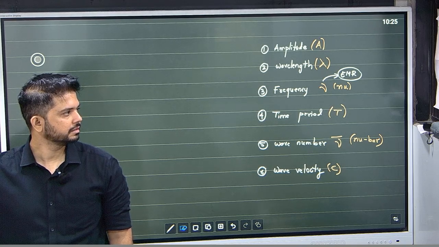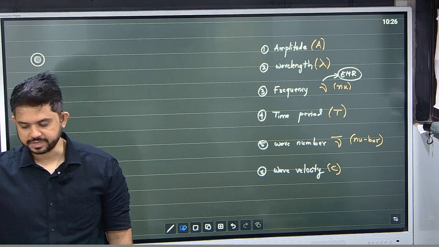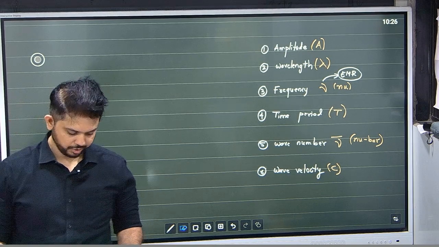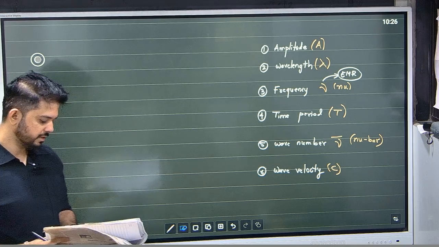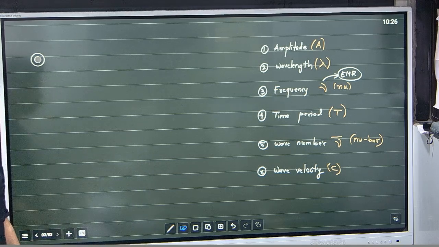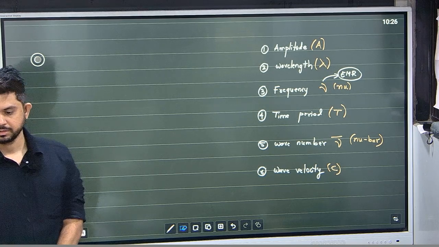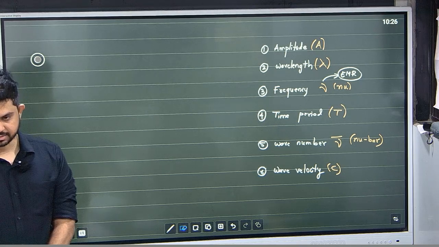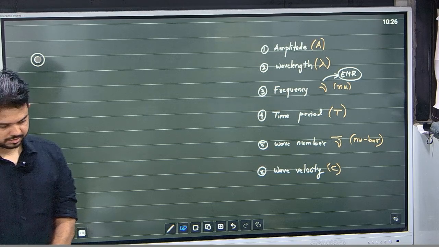Second, so what's the second atomic term, people? Wavelength. How do you define wavelength? It is the distance between two nearest crests or troughs.